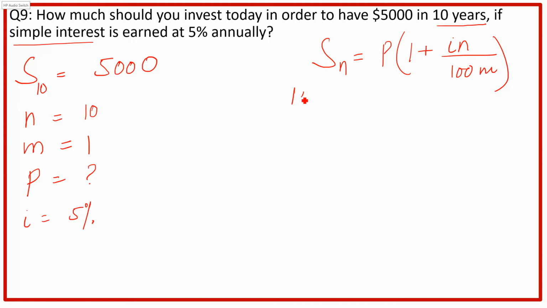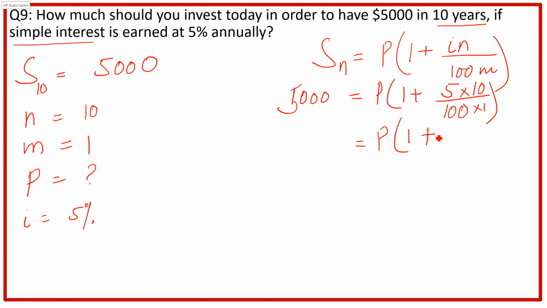So we will just put the values here. 5,000 is equal to P into 1 plus I, which is 5%, divided by 100, which converts this 5 into a decimal. Number of years is 10 and M is 1.